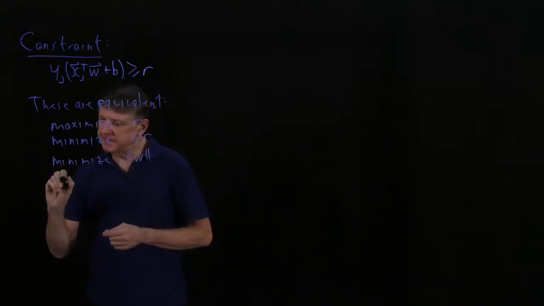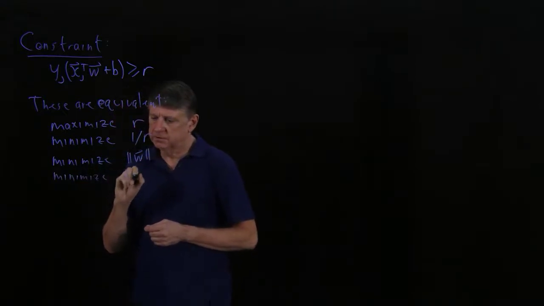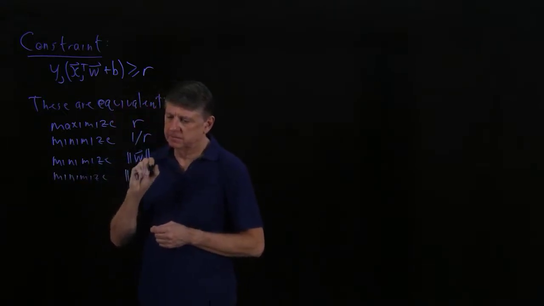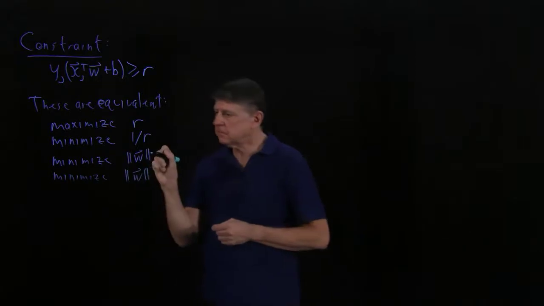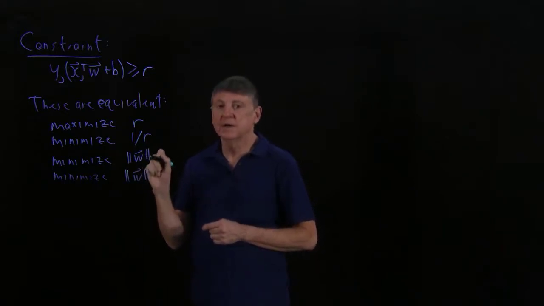And that is the same as trying to minimize the square of the norm. Now, if this was sums, that wouldn't be true, but if it's just a single number, that's true.